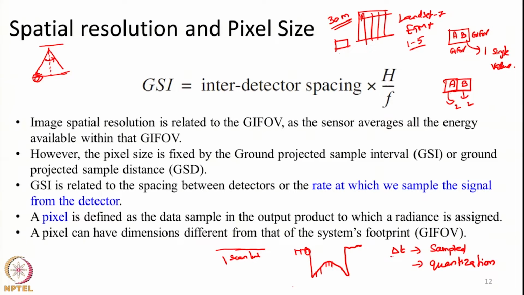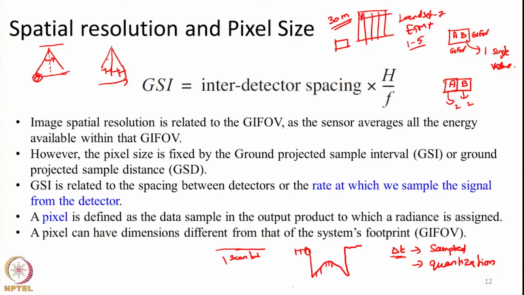So within this time of delta t, the scanner would have moved a certain distance on the ground. For each delta t time period the scanner would have moved some distance here, and the next delta t it would have moved here. So the scanner will be continuously moving, while the sampling occurs for each elapsed delta t.